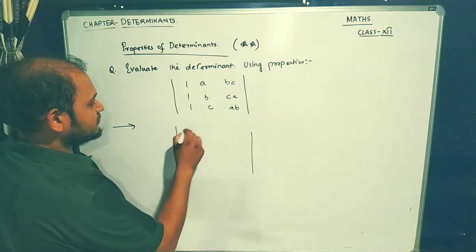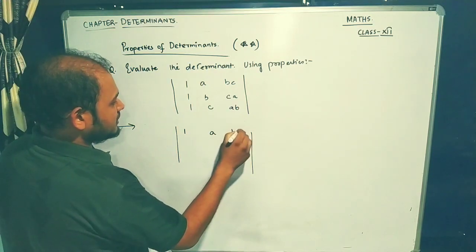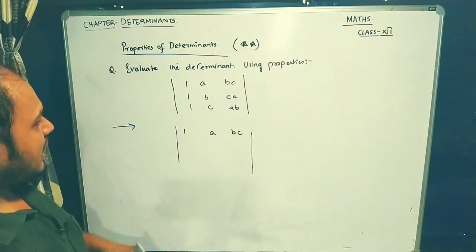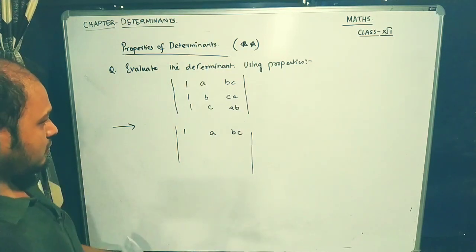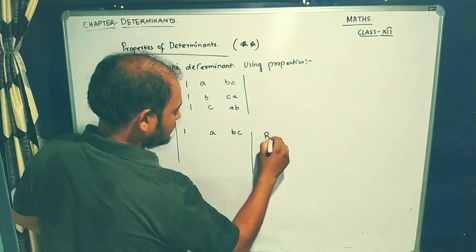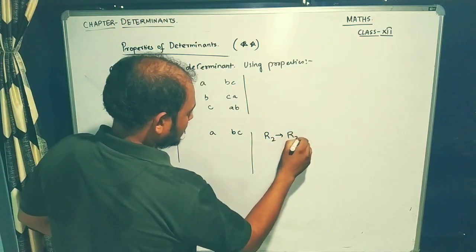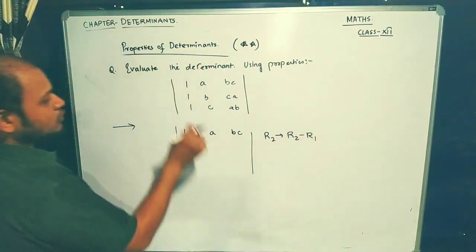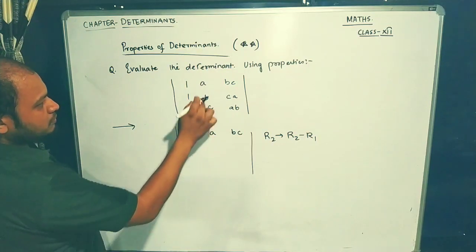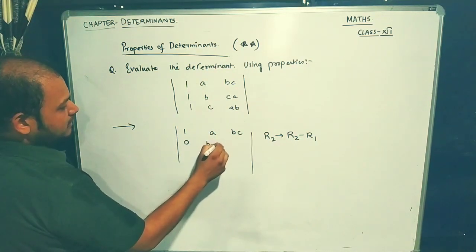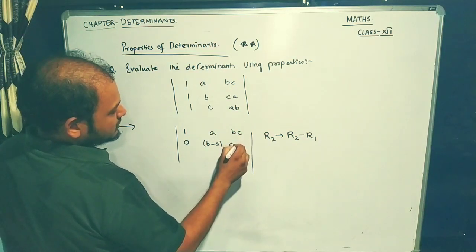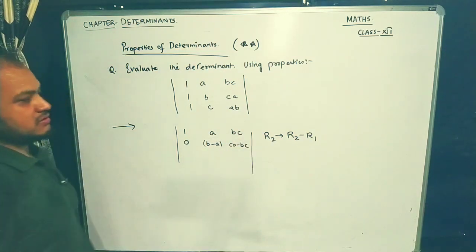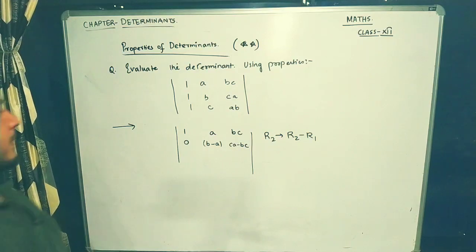So I will say this is the first row, keep it as it is, and in the second row I will do second row minus first row and place the result in second row. So the operation that I am doing is R2 changing to R2 minus R1. So 1 minus 1 is 0, B minus A I placed here, then CA minus BC at this location.